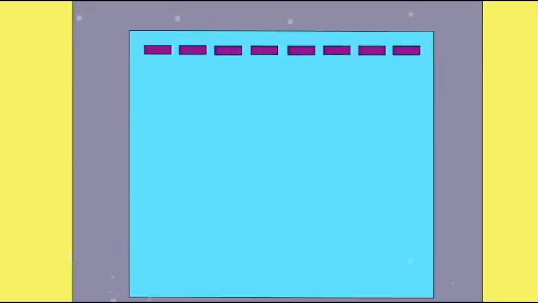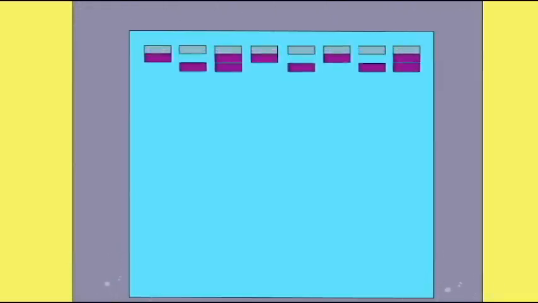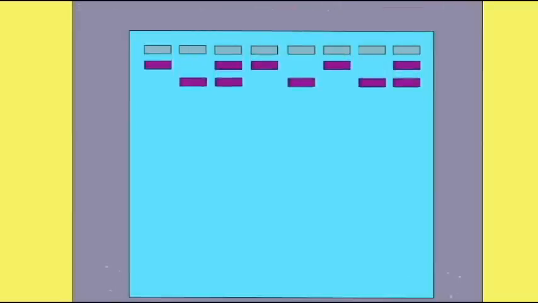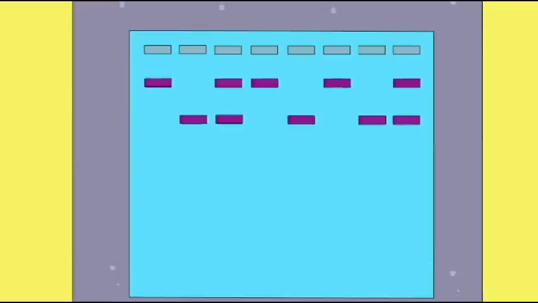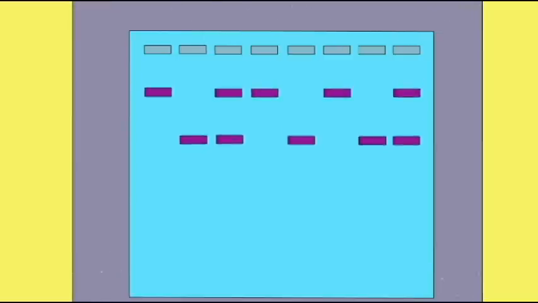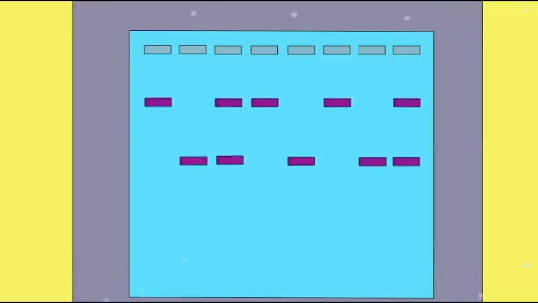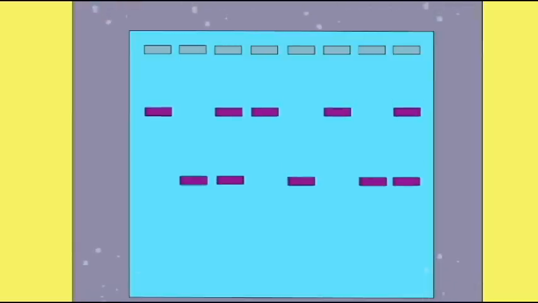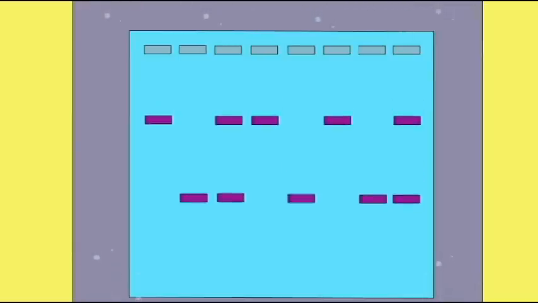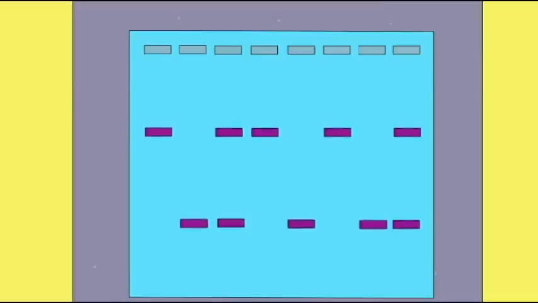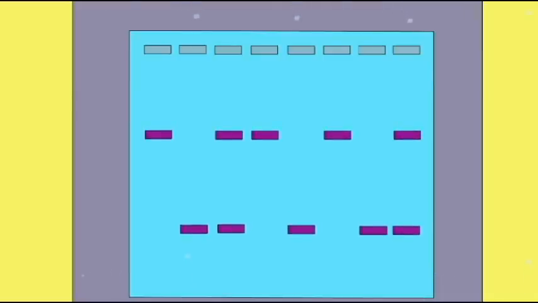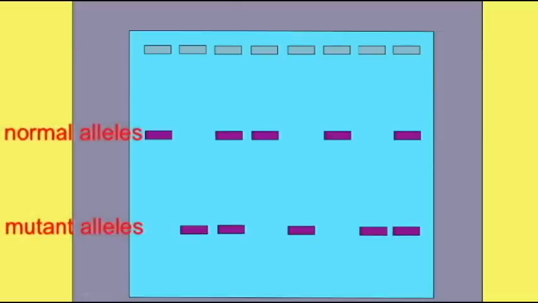And there is a difference in the alleles of genes which are normal and do not cause disease, and then the mutant alleles in this family which do cause disease or increase likelihood of developing a disease. So one could then cut DNA from different individuals and then run them through a gel and compare the patterns to what one sees.